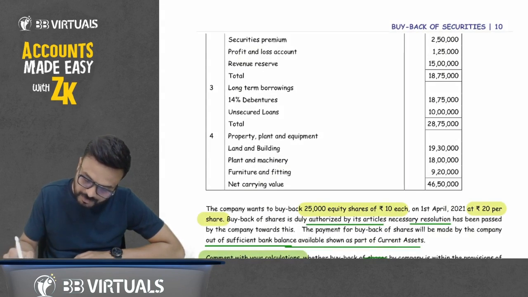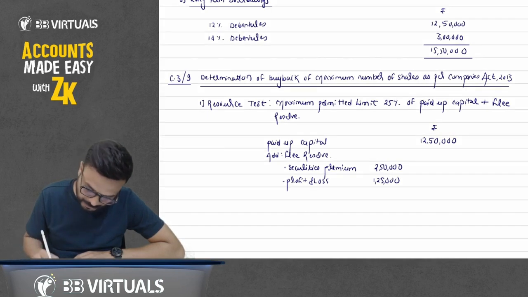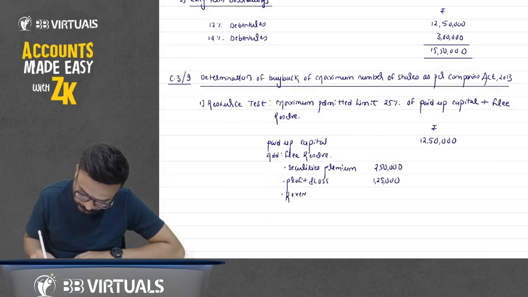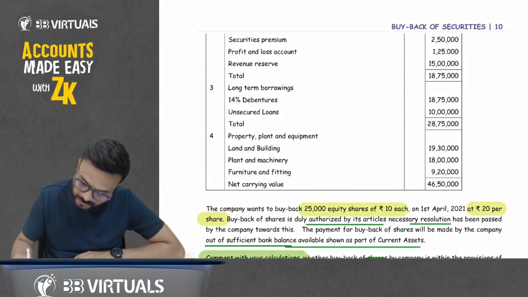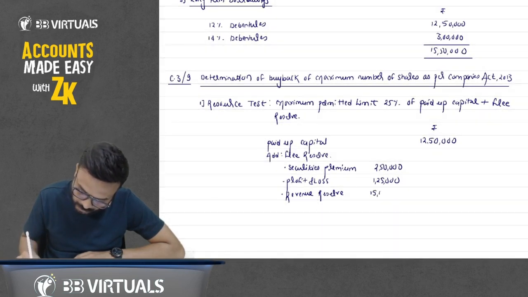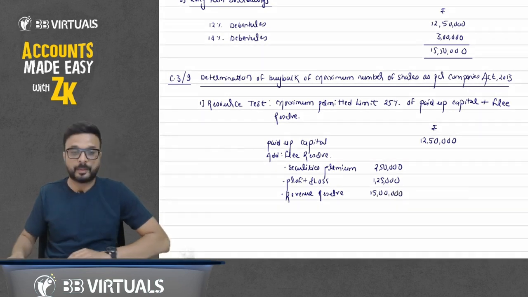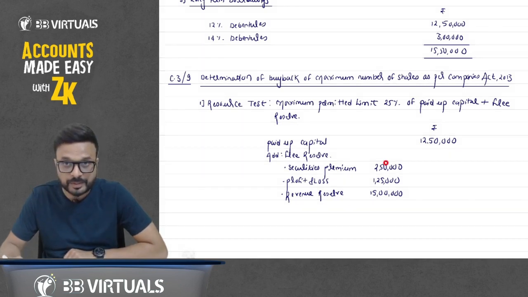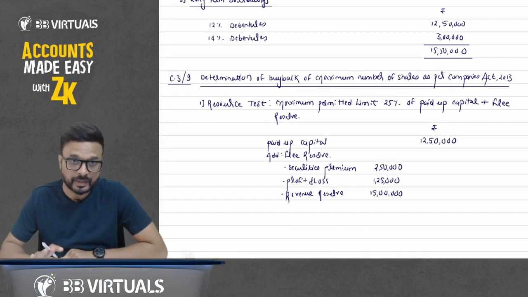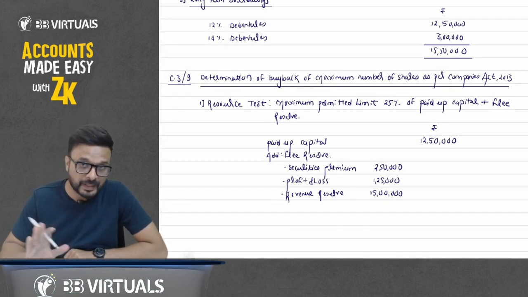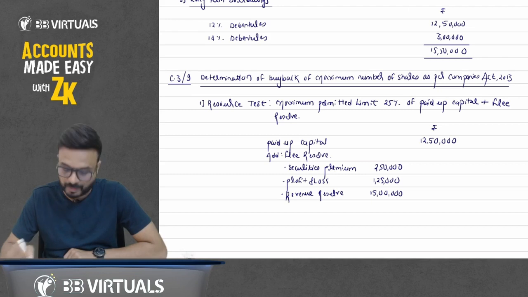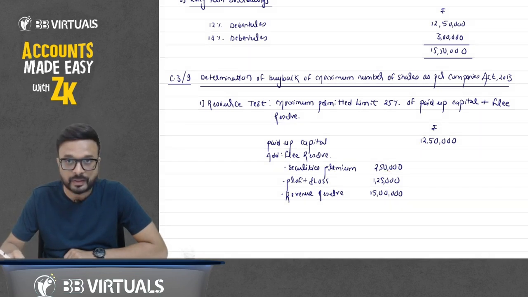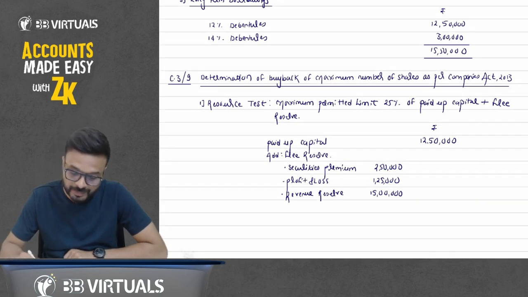And then revenue reserve, they have 15 lakhs. Remember, don't get confused: free reserve here in buyback of shares includes securities premium account. So 2,50,000 plus 1,25,000 plus 15 lakh.